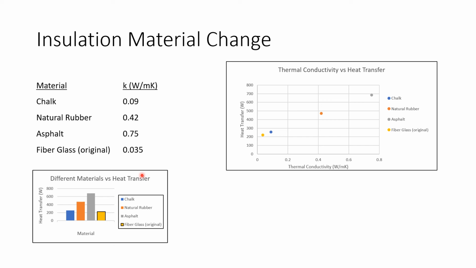So as you increase the thermal conductivity, the heat transfer rate also increases. When we started with fiberglass, it had the lowest thermal conductivity, which also had the lowest heat transfer rate. Down in this graph is the different materials, just another visualization to see how their K value affected the heat transfer rate.